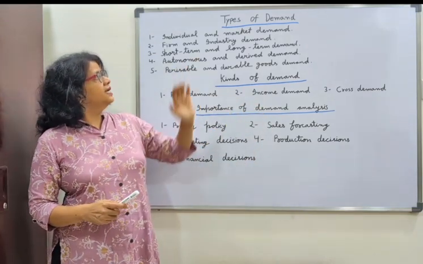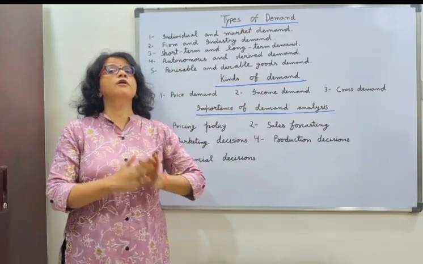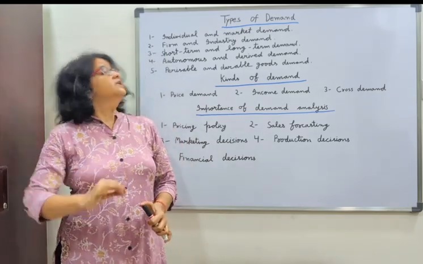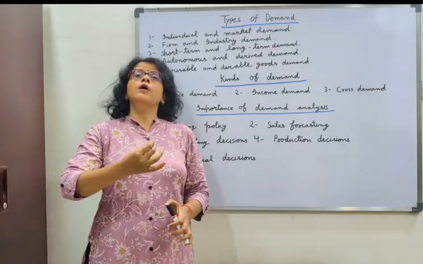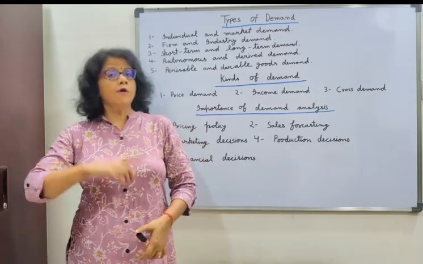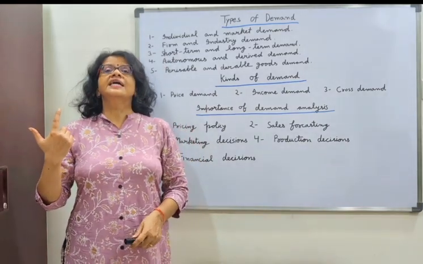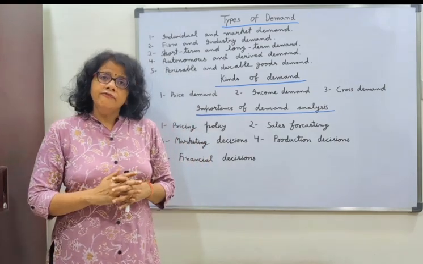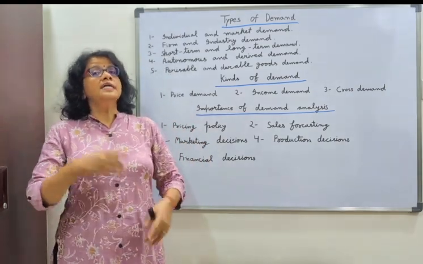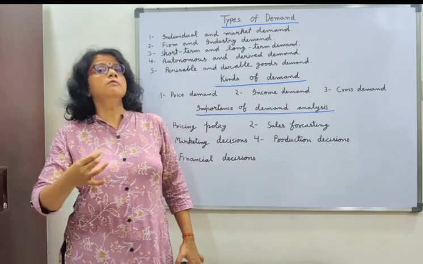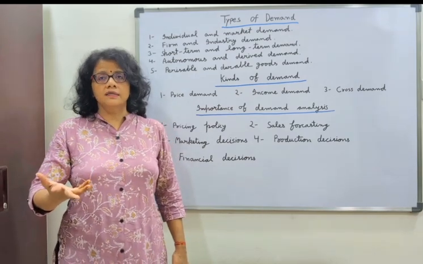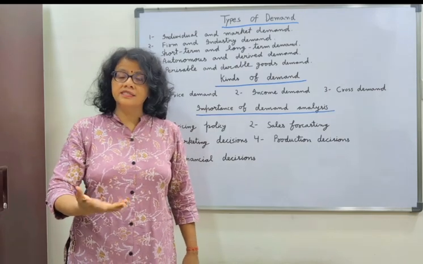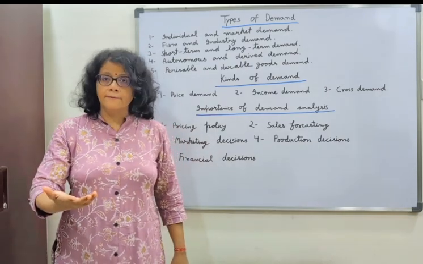Next, firm and industry demand. The demand for one company's product is called firm demand, while the demand for the same product from all the companies is called industry demand. For example, if I am talking about the demand of a particular brand of car, suppose Maruti, the demand of Maruti cars, that is called firm demand.